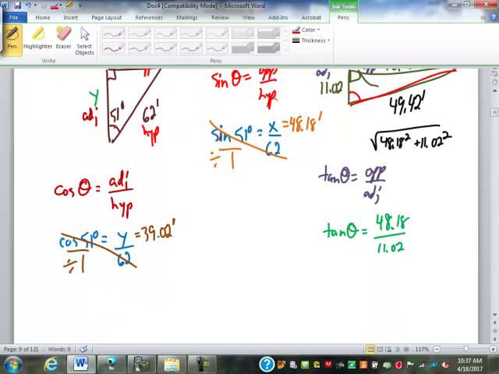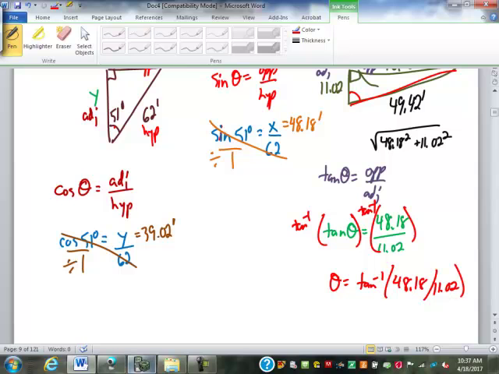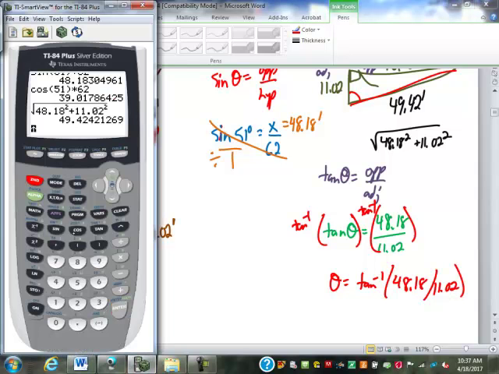I'm looking for an angle, so I do an inverse. It's a tangent, so of course it's an inverse tangent. Second tangent. 77.12 degrees.